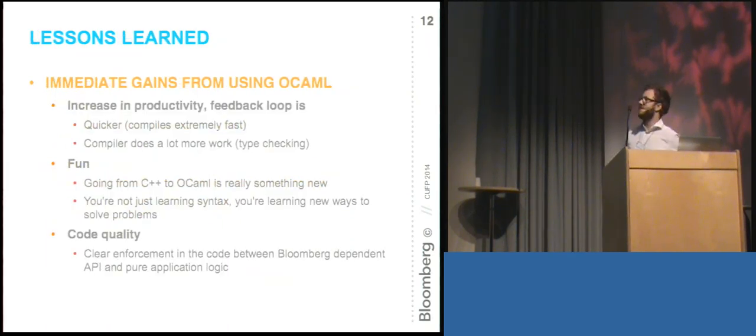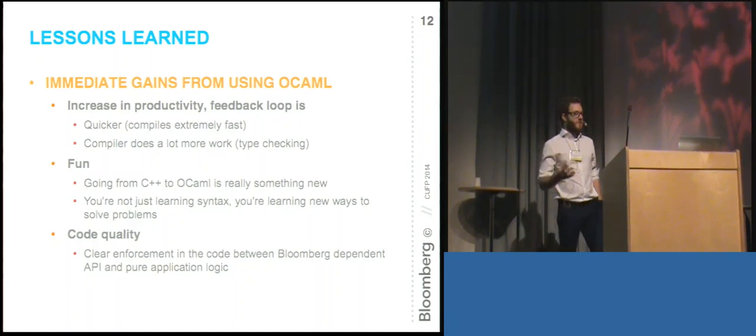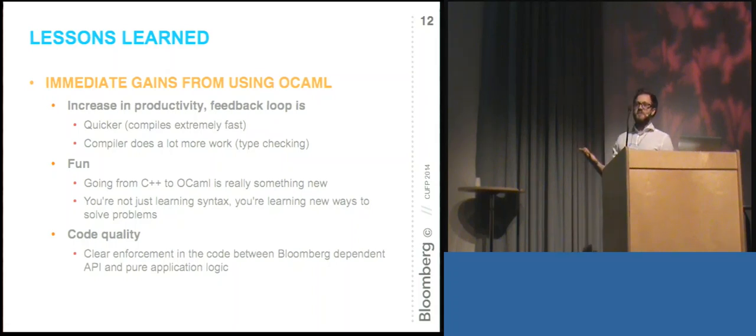So the lessons learned. Well, the classic, like Joe mentioned, increasing productivity. One important thing when you go from C++ to OCaml is how fast it compiles. And this is something that often people forget. But you're very productive if you can get a very fast, quick feedback loop, right?